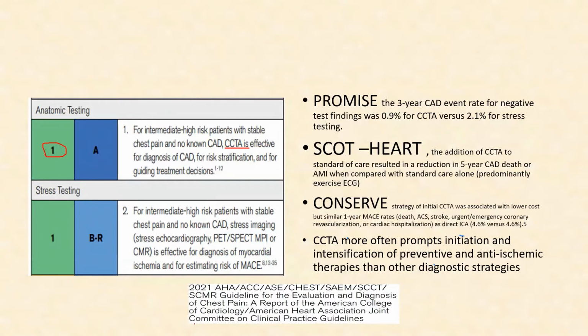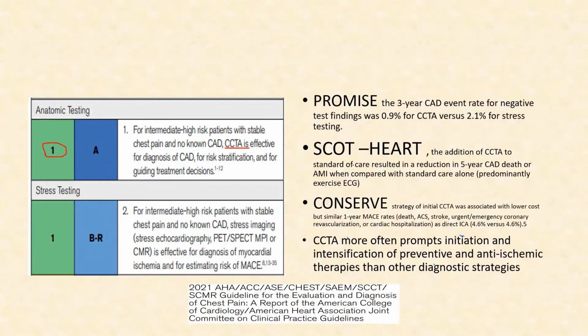Intermediate risk patient, no known coronary artery disease, CTA is effective, or stress imaging is effective. So which one to choose? That is left to your judgment. So they put no favorability of one over the other.